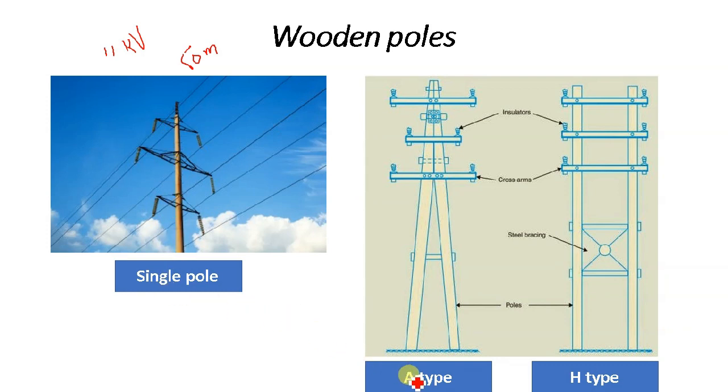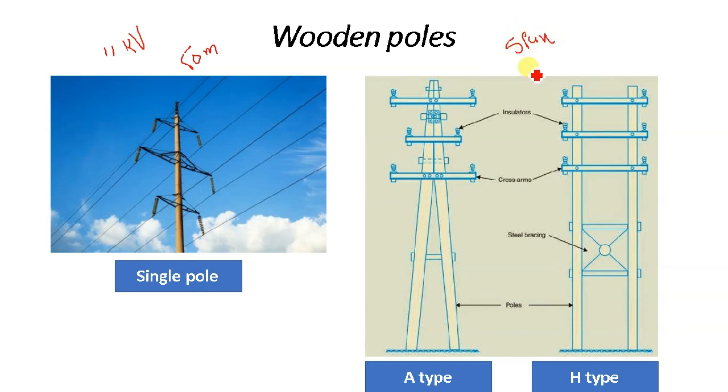The second is the A-type structure and the H-type structure, and when the application is considered, both are considered the same application. The mechanical strength of A-type or H-type wooden poles is more with respect to the single pole structure, so obviously your span will increase if the strength is more.